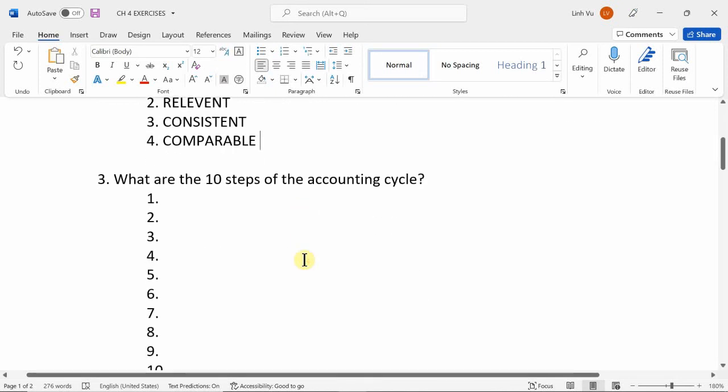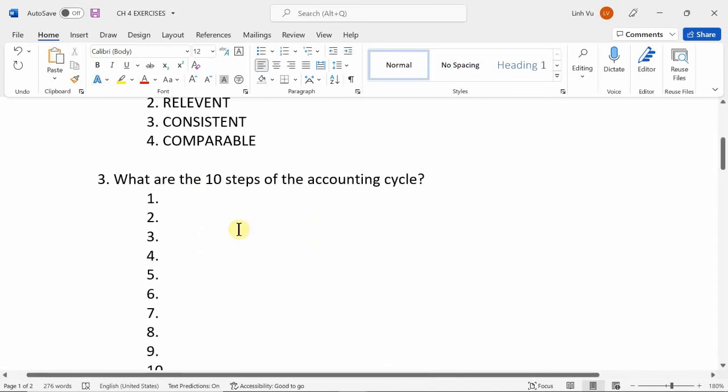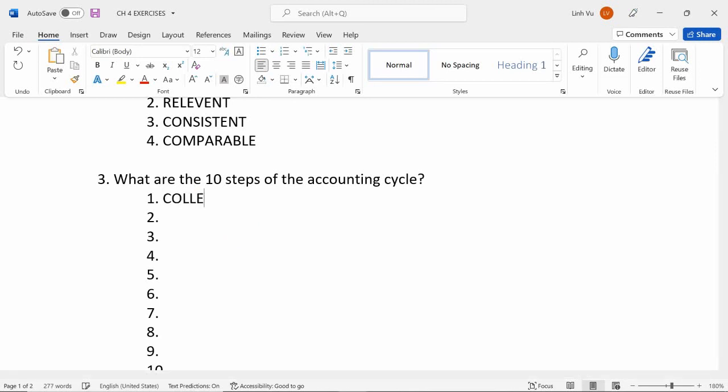What about number 3? What are the 10 steps of the accounting cycle? So now again, what are they in exact order? So number 1, what's step 1? Collect source data. Good. Next. Analyze and sort data.